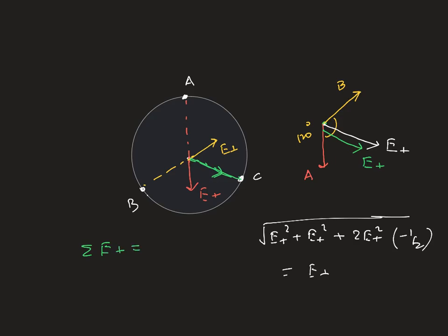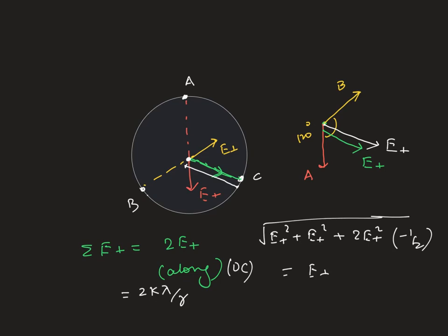It is 2 E perpendiculars along OC, this line. So the 2 E perpendiculars will be 2k lambda by r along OC.